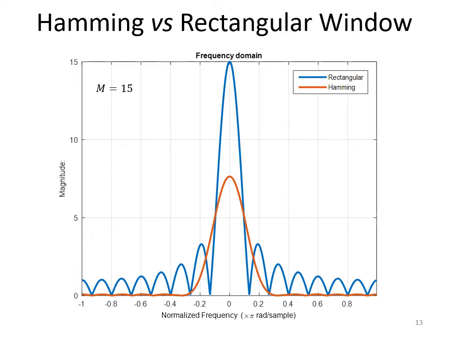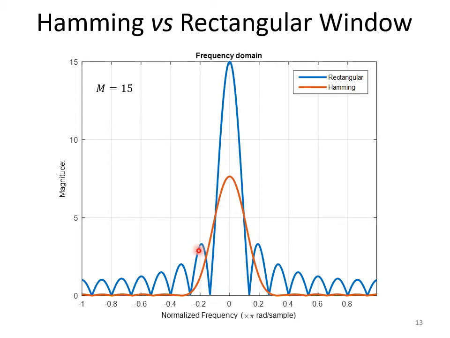Now compare the frequency response of the rectangular window function and the Hamming window function. The rectangular window function's frequency response is given in blue color, and the Hamming window is in brown color, and m is equal to 15 here. So you can see that the width of the main lobe is greater than the width of the main lobe of the rectangular window function.